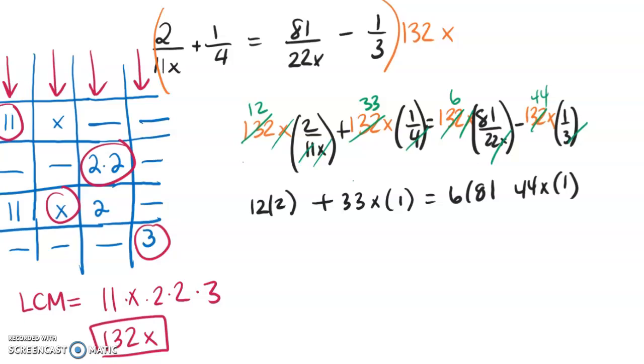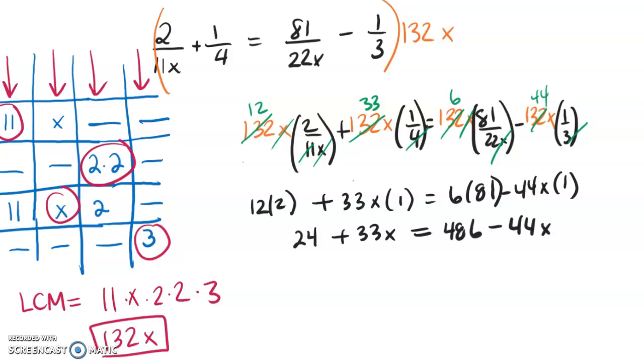And let's not forget the minus sign here. So I'm going to end up with 24 plus 33x. 6 times 81, put it in the calculator. It's 486. 44 times 1 is 44. And then the x. Now, this problem is much nicer looking than up above.